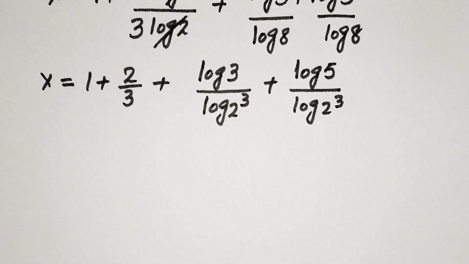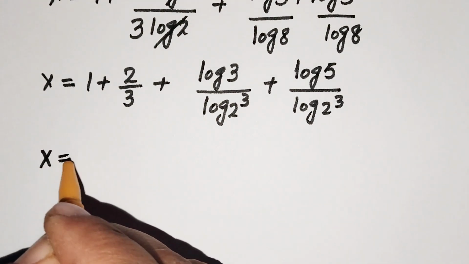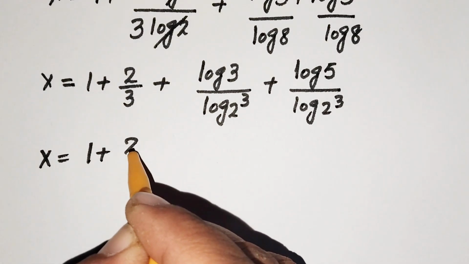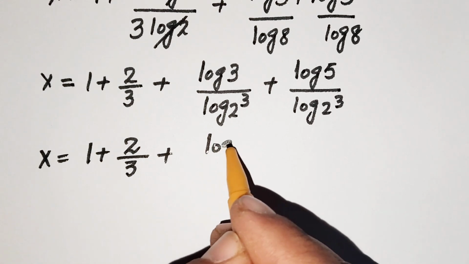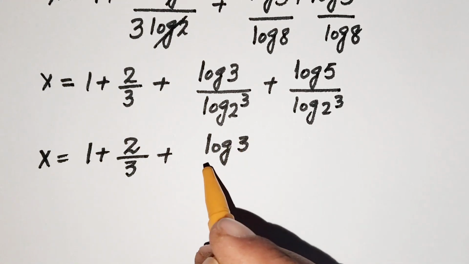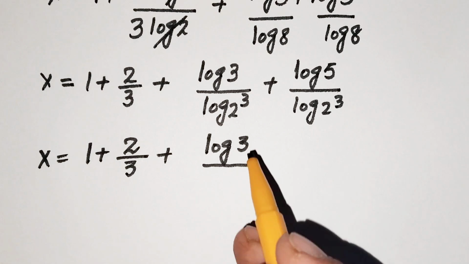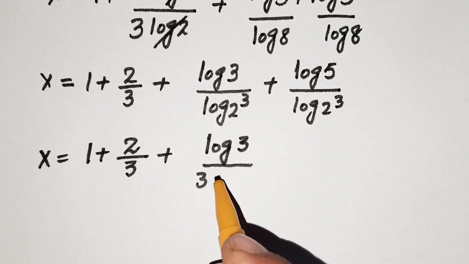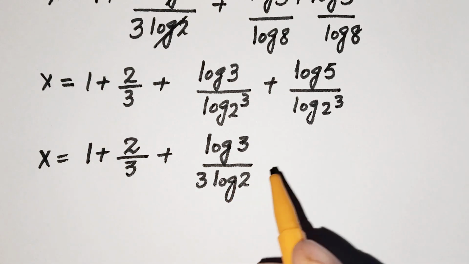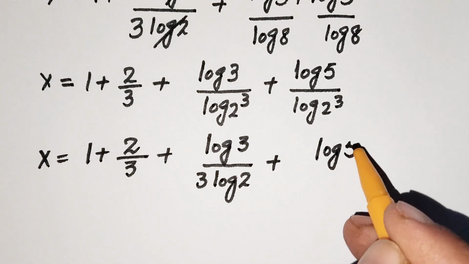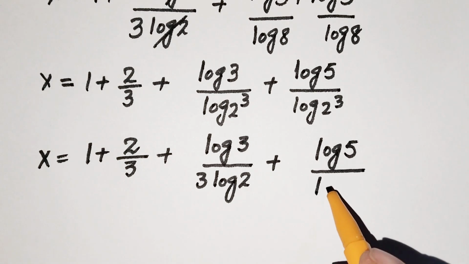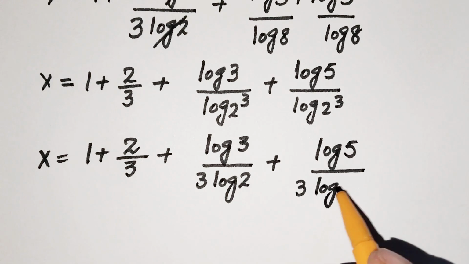So now our next step is x is equal to 1 plus 2 over 3 plus log 3 over, here we use the logarithm power law now, then we have 3 log 2, and plus this one will be log 5 over this 3 log 2.